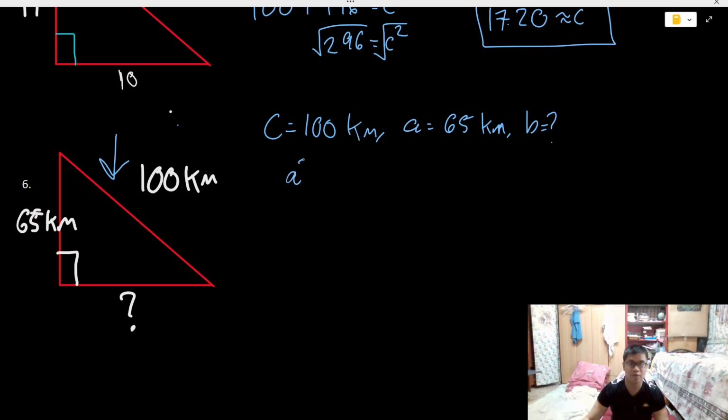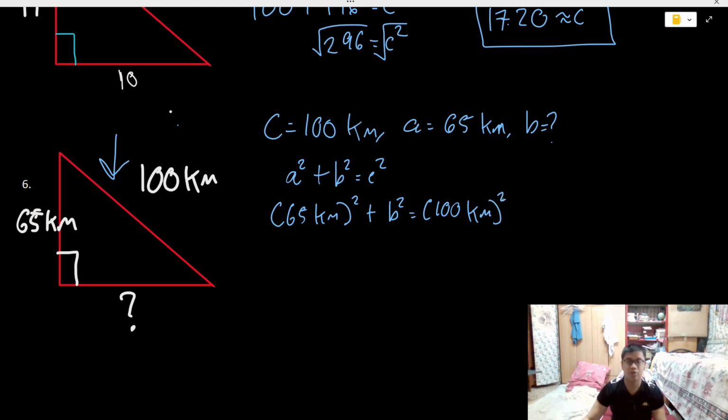So you will have A squared plus B squared is equal to C squared. Your A here will be 65 kilometers squared, then your B squared, the one we're looking for, then your C would be 100 kilometers. Now you're going to square it.